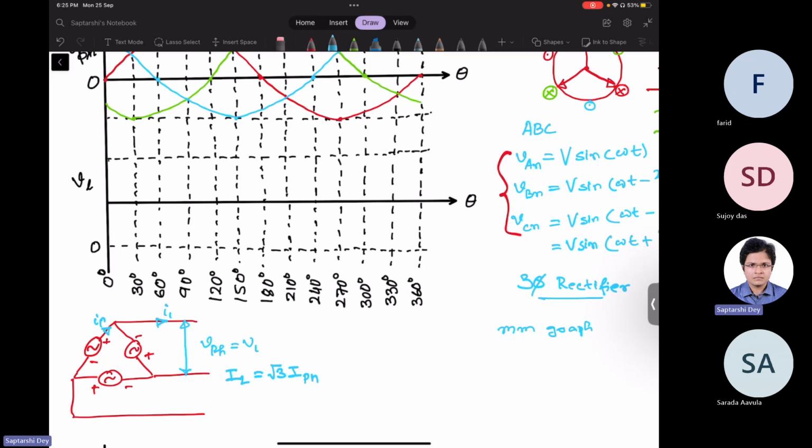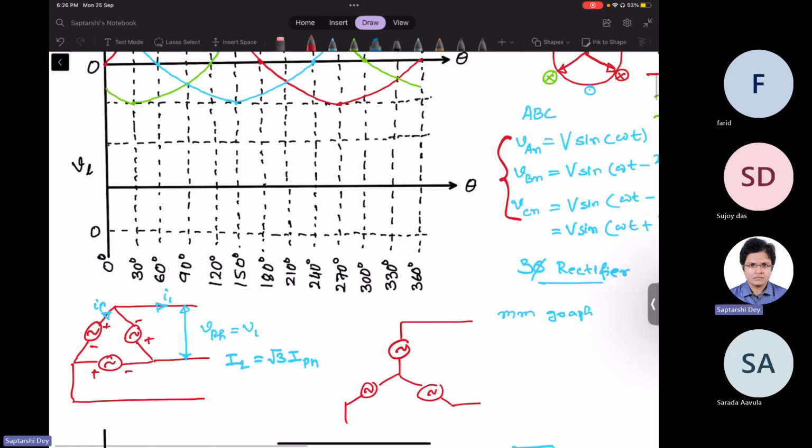And if you look at a star connected supply, in this case phase voltage and line voltage are not the same in magnitude, because this is the phase voltage, and line voltage means line to line voltage, and this is the phase voltage.